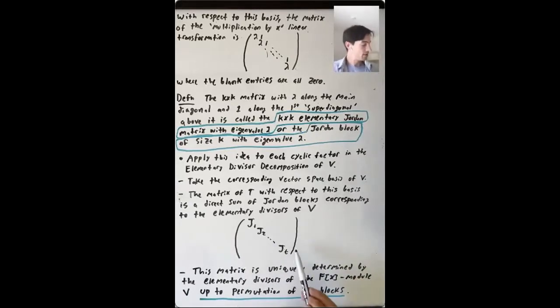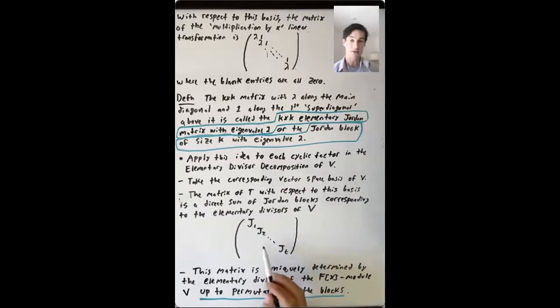This matrix is uniquely determined by that decomposition up to permutation of the blocks, because that elementary divisor decomposition of V doesn't come with an order the same way that the invariant factor decomposition does, where a_1(x) divides a_2(x) divides a_3(x), and so on. So you can't just switch around your invariant factors in any which way. Like, they come with an order to them. So the elementary divisors don't. You can switch them around in any which way, and you're getting the same decomposition in a different order.